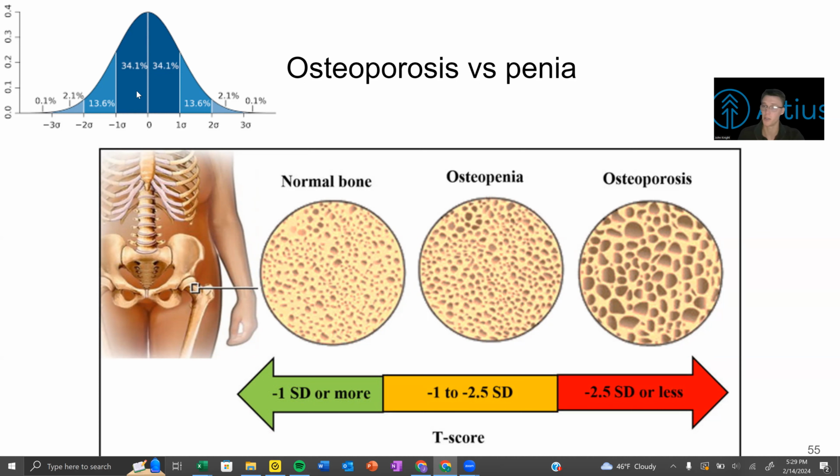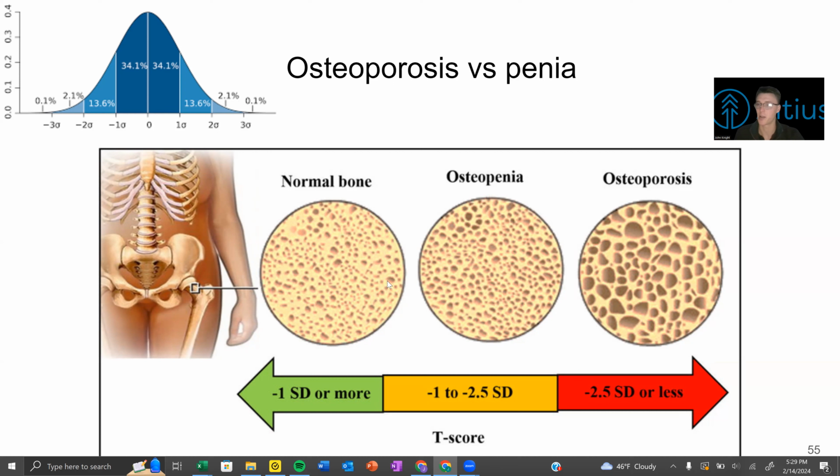If I continue to lose bone mineral density, I might get a score of -1.5 or -2, right? That means that I am 1.5 standard deviations away, okay? If I get a score of -2, that means I have 68% less bone mineral density compared to the average, okay?